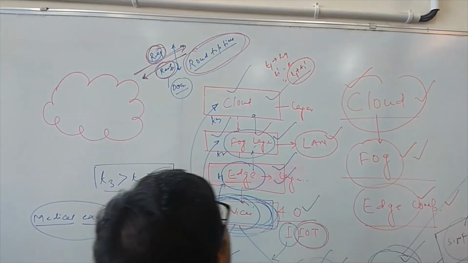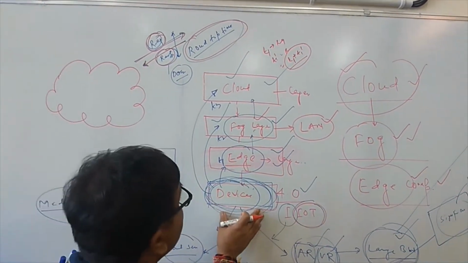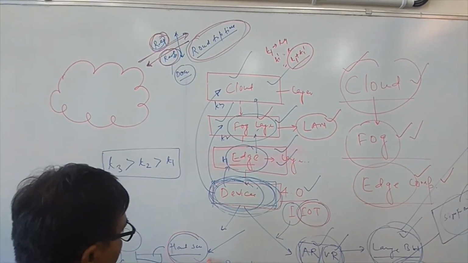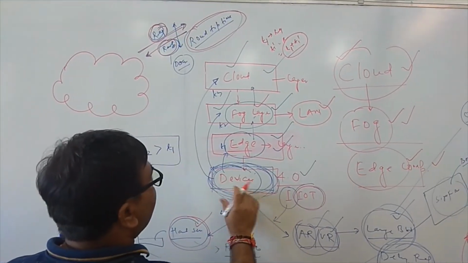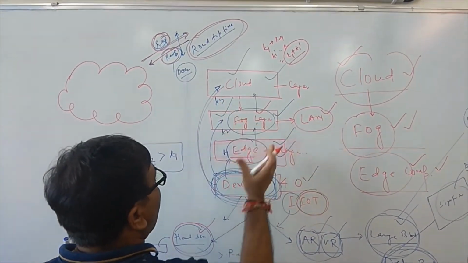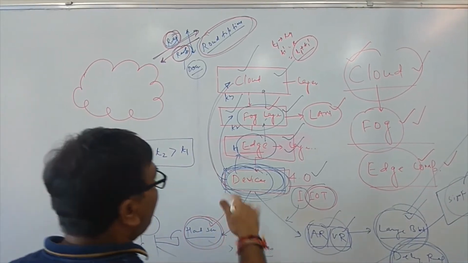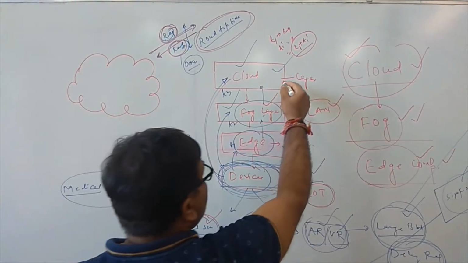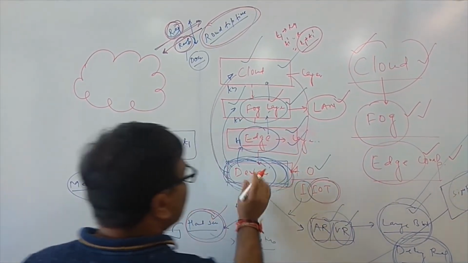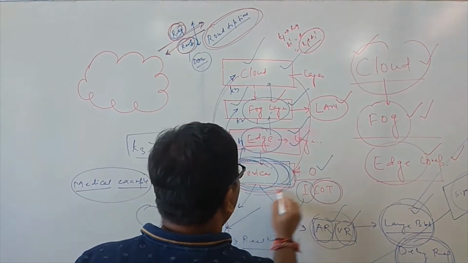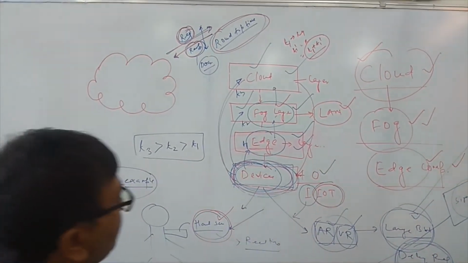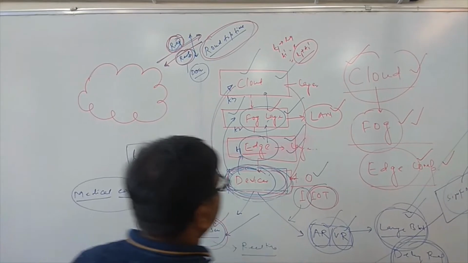If the heart sensor communicates directly with the cloud, you can think how much delay will appear. Before the doctor sends the response, maybe the patient will not respond, right? And some serious issue will appear.